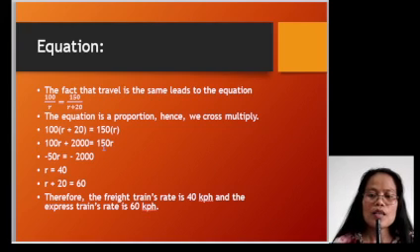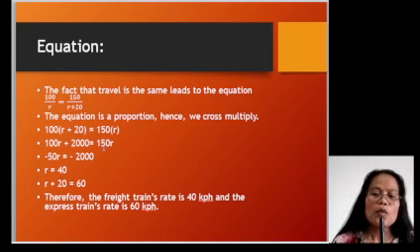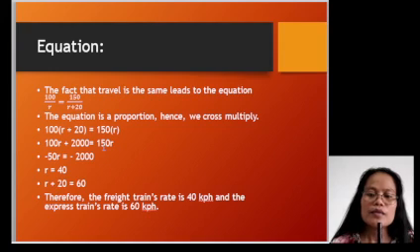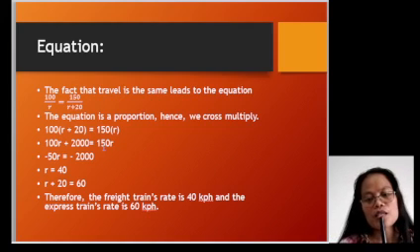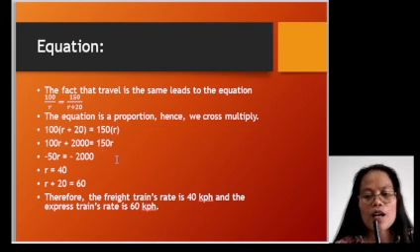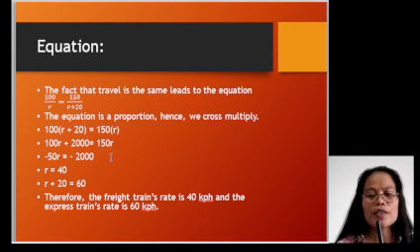So we have 100R minus 150R is negative 50R. And we need to subtract 150R from both sides also.